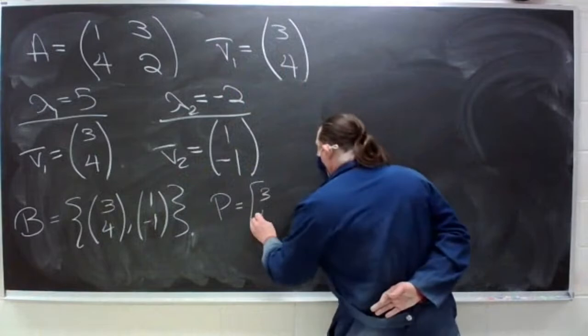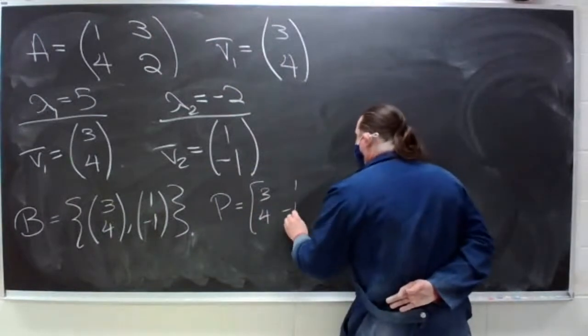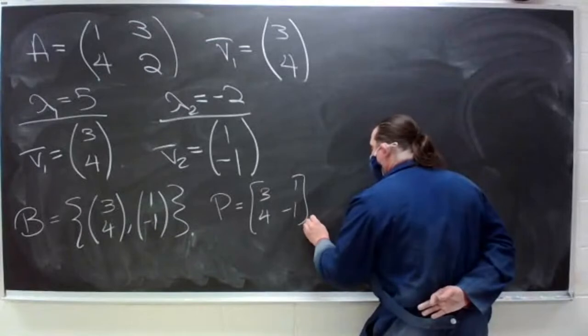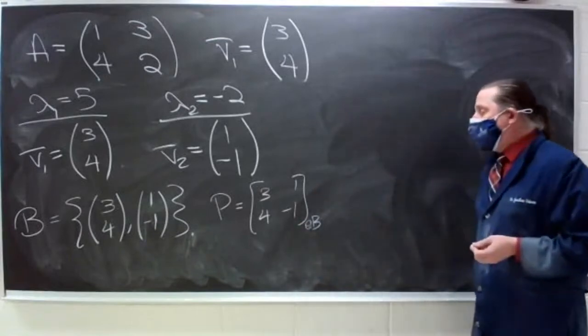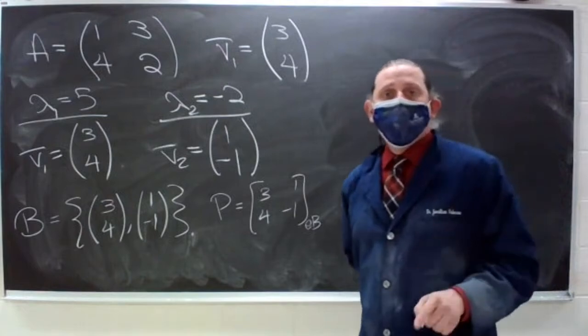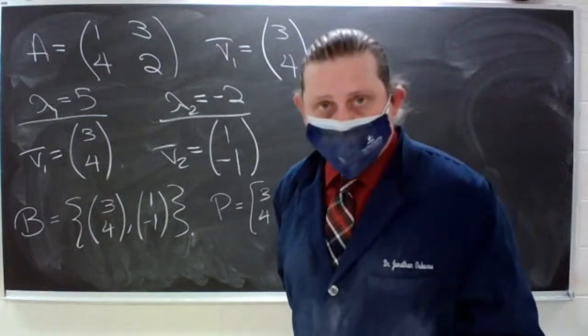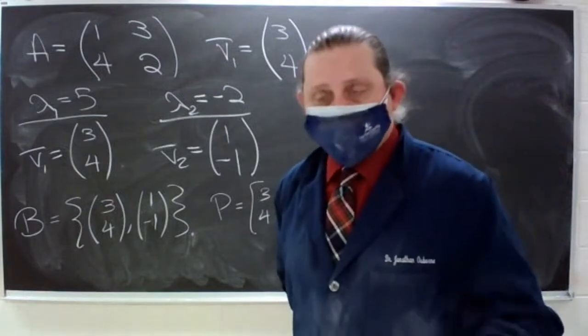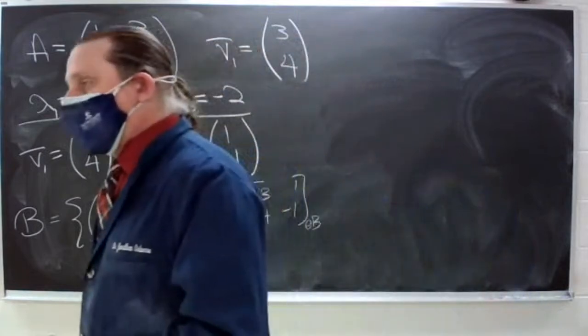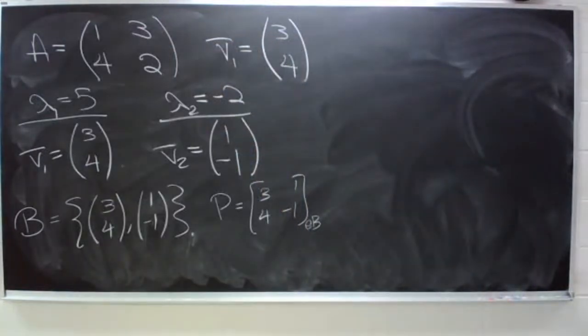So I'll have 3, 4, 1, -1, and that's in the EB. Okay? It changes me from basis B to basis E, from my new basis to the default basis.